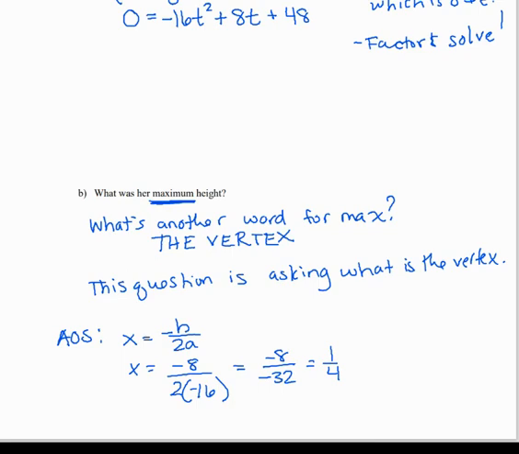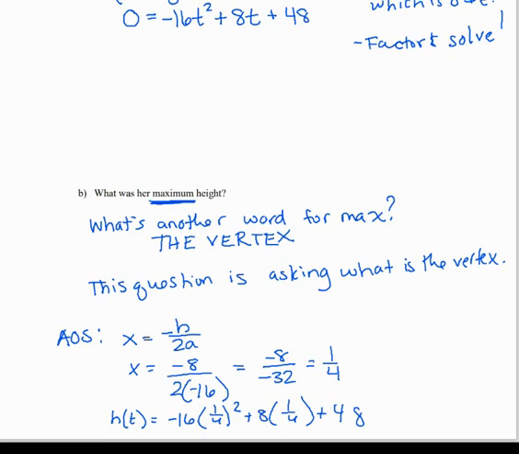So when I plug that back into my equation, we have that h of t, that new height at 1/4, will equal negative 16 times 1/4 all squared plus 8 times 1/4 plus 48. And when we calculate that, I'll let you do that calculation.